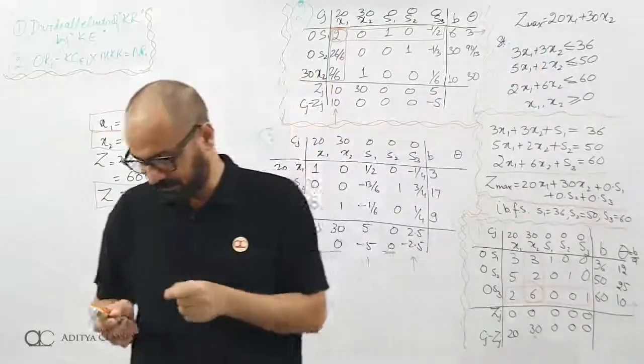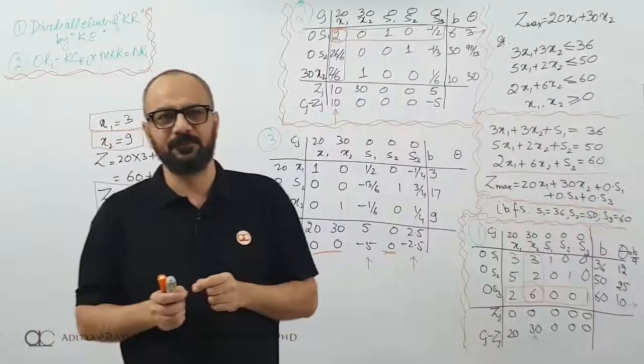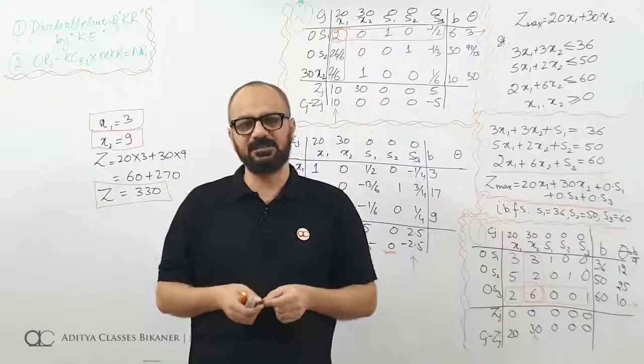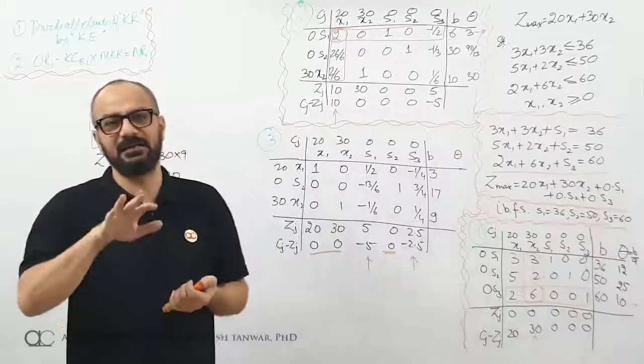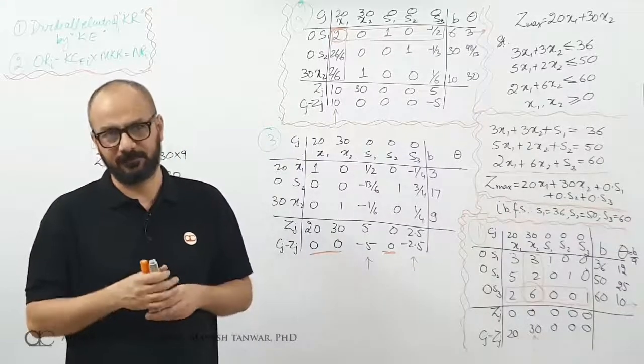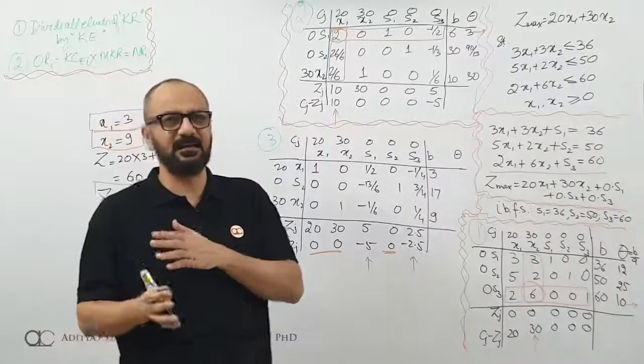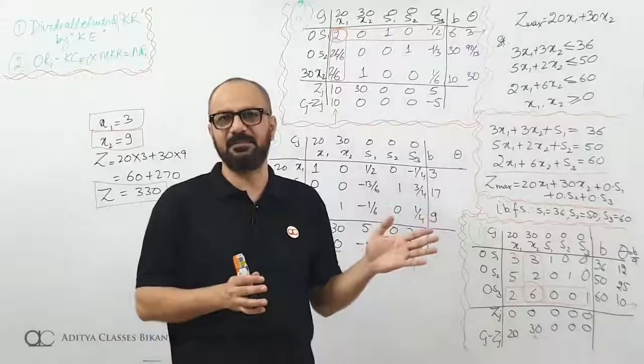What students tend to do is they confuse that max should always have less than inequalities, and minimization should always have greater than inequalities. That is wrong interpretation. Less than and greater than have got nothing to do with maximization and minimization.